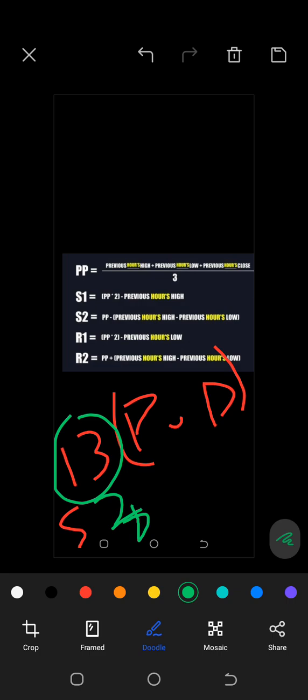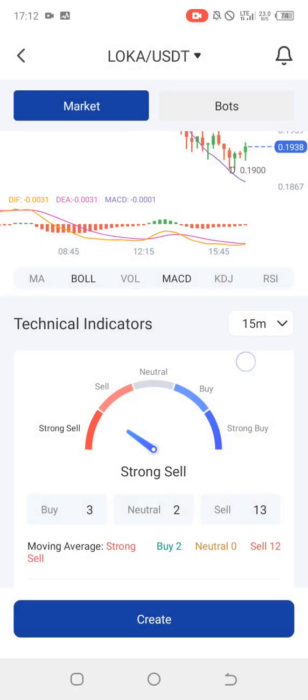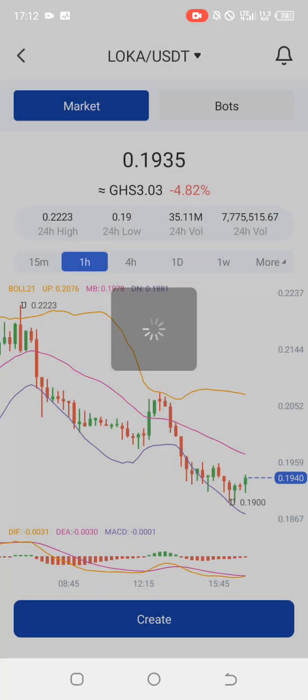So to get resistance level 1, you multiply the pivot point by 2 and subtract the previous low, the previous day low or the previous hourly candle that closed. You look for the low, as I taught you, by tapping your Royal Q screen, and then you get it.